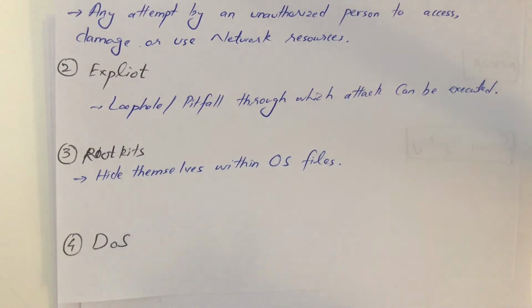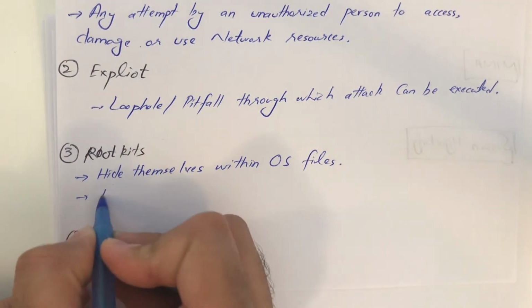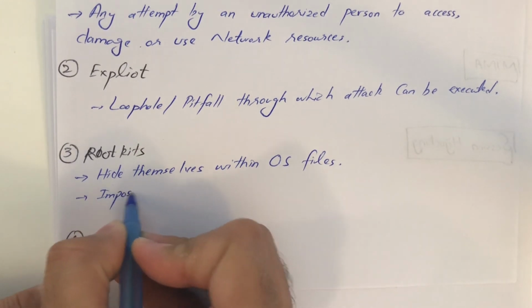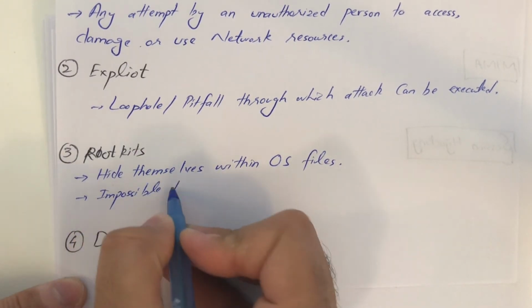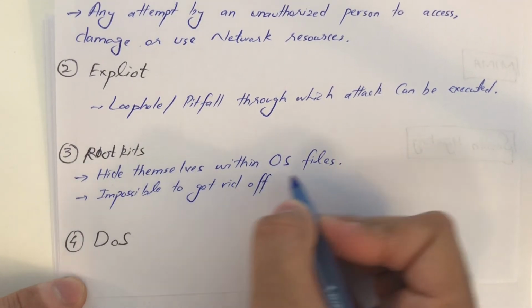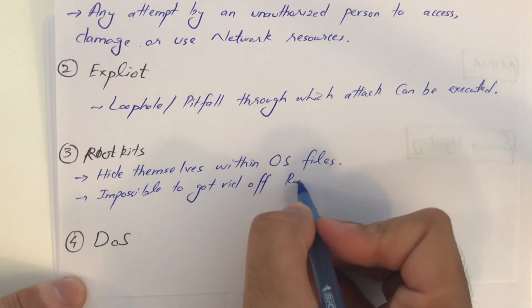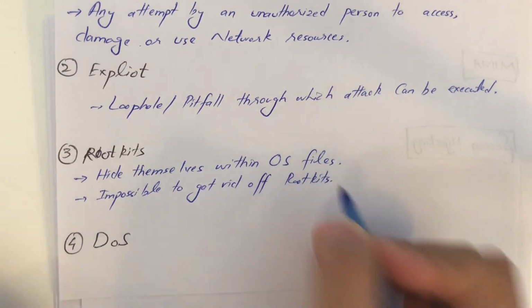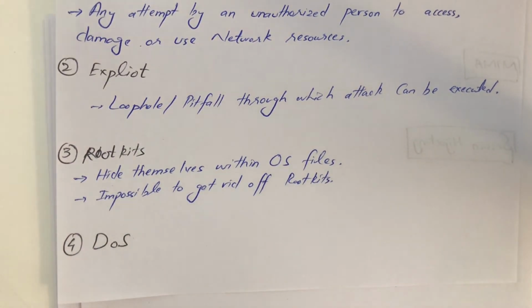And please remember one thing: whenever you boot your computer, it gets triggered because it resides within the operating system file. If there is a rootkit in your computer, 99% it is impossible to get rid of it. That's the problem of rootkits.